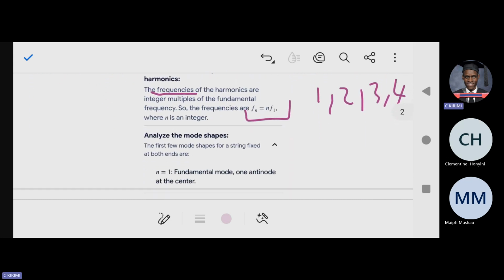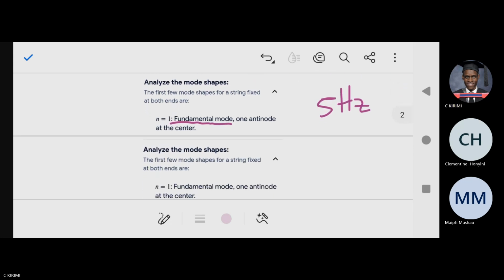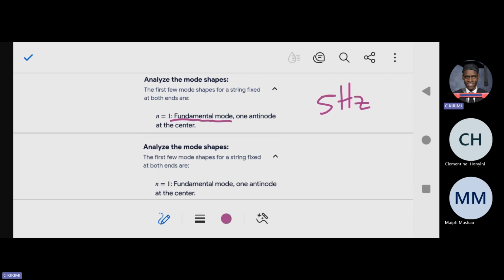All right, so if n is equal to 1, we have been told that the fundamental frequency is 5 Hz. So that means one antinode at the center. The first few mode shapes for the string are fixed.